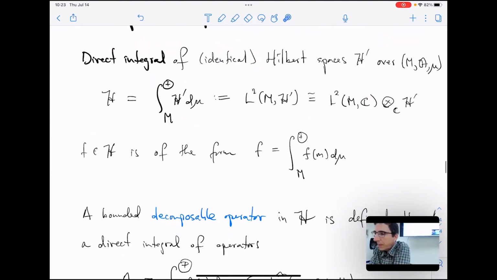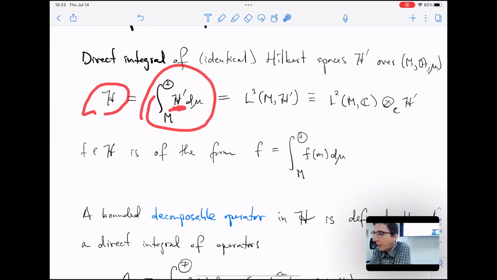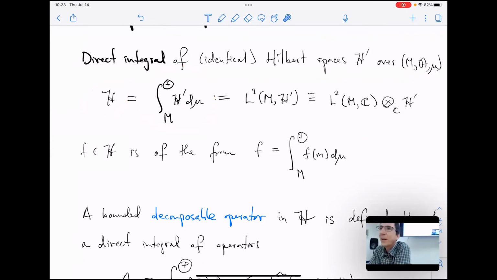And they talk about direct integrals of identical Hilbert spaces, which is what we have, over some measure space. And so they talk about a Hilbert space as being the direct integral of smaller Hilbert spaces over some measure space. So you think about this as being the torus, and this as being L2 of a fundamental domain. Now we abstract it to an arbitrary Hilbert space here and some measure space.